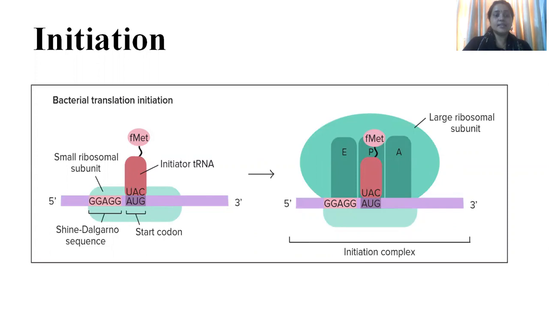After that sequence the start codon is there, and because AUG codes for methionine, the initiator fMet tRNA takes place over here on the 30S subunit. So here this is a start codon, this is the Shine-Dalgarno sequence, and this is the small ribosomal subunit.